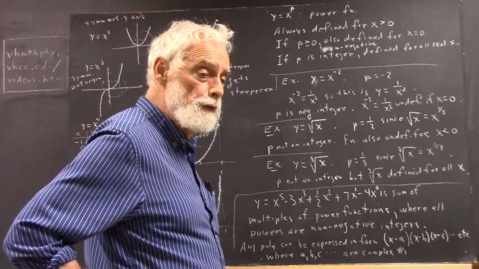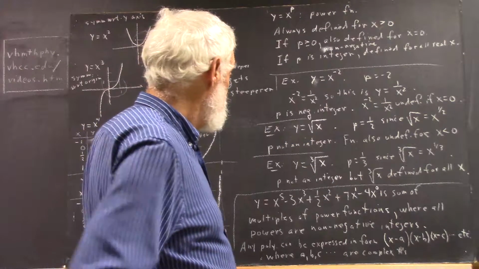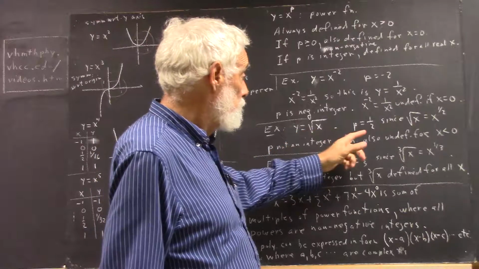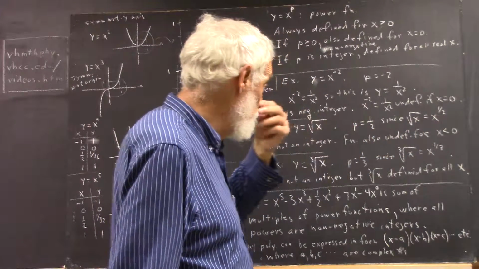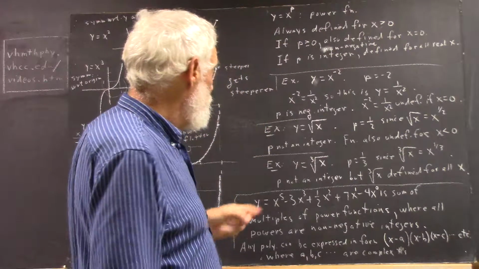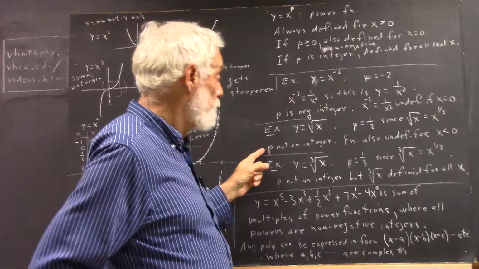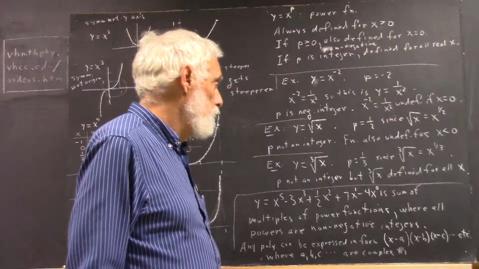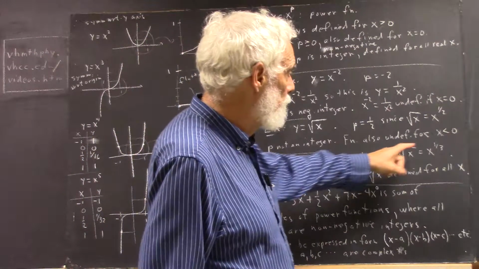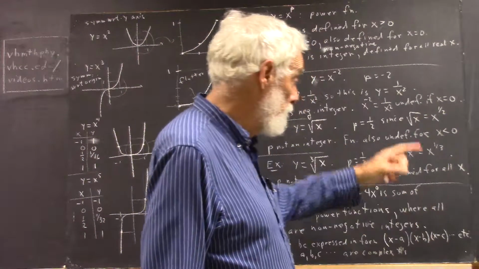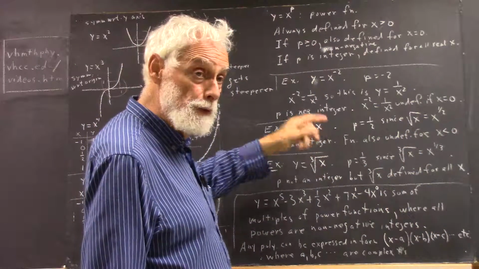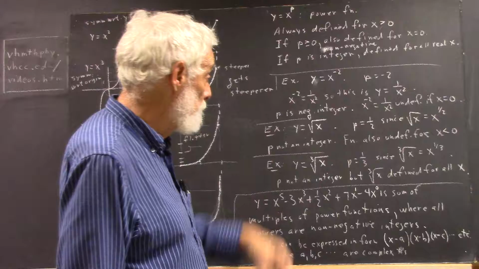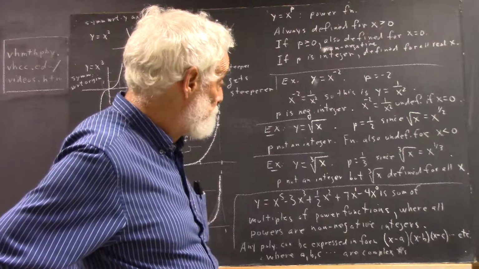Okay, y equals square root of x. Well, square root of x is x to the 1/2, right? So that's the p equals 1/2 power function. First of all, p is not an integer. And we can also say that this function is undefined when x is less than 0, because if x is less than 0, it's negative, and we can't take the square root of a negative number, at least not over real numbers. Okay?